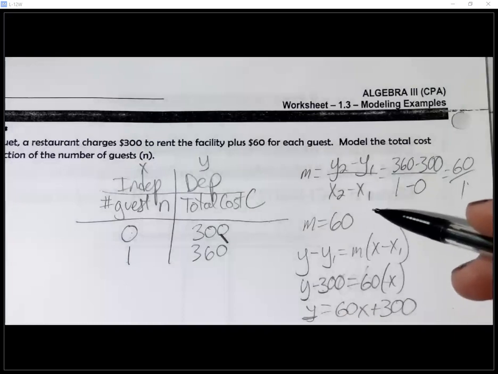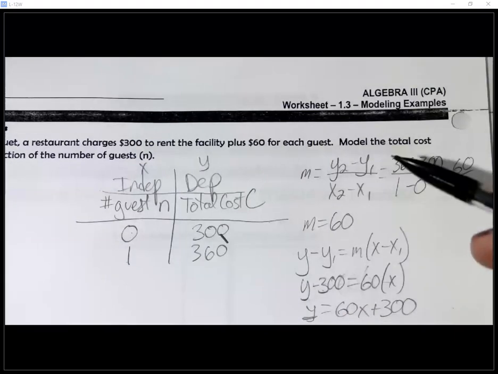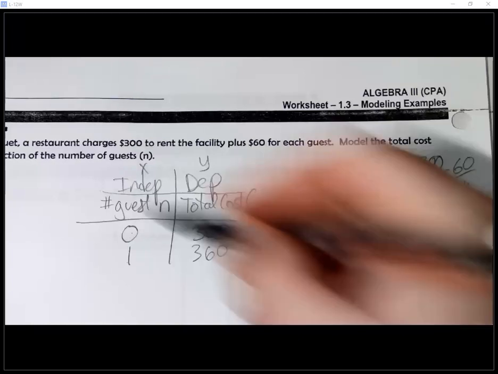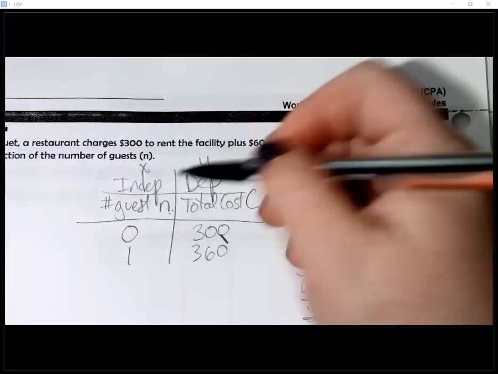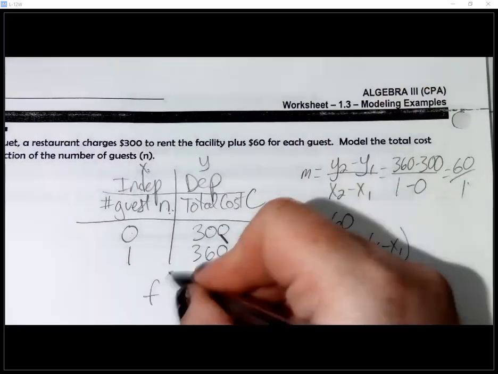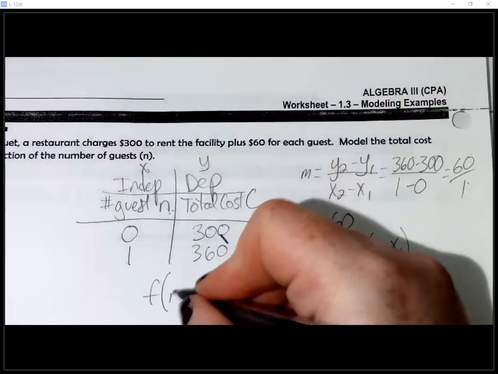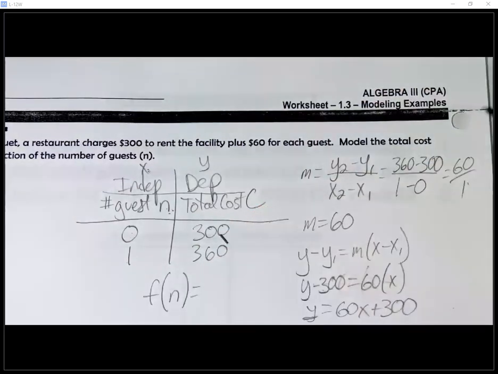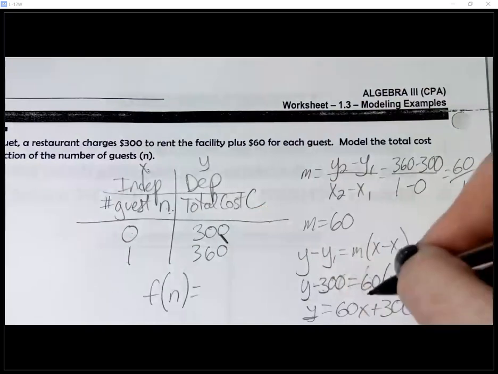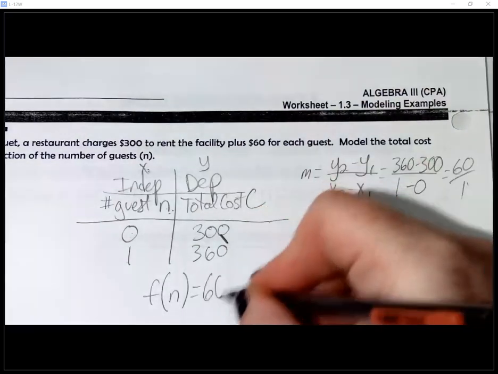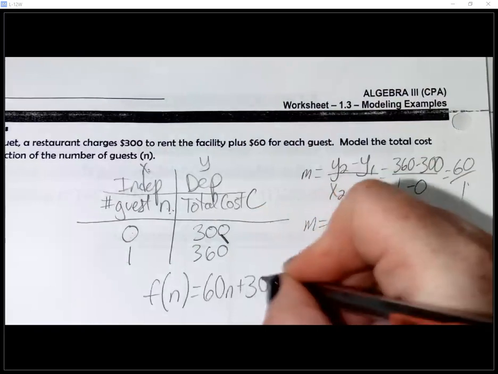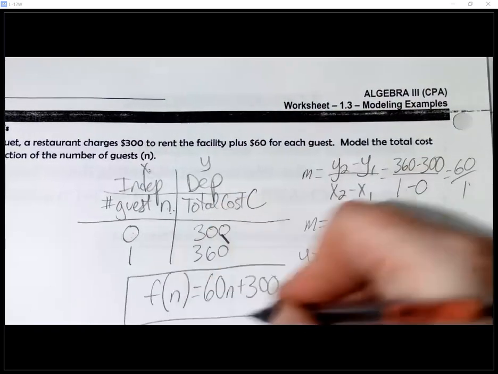I'm supposed to be using n's and c's, whatever. So x and n are the same thing. So instead of writing f of x, I should be writing f of n equals 60n plus 300. And there is my answer in function notation.